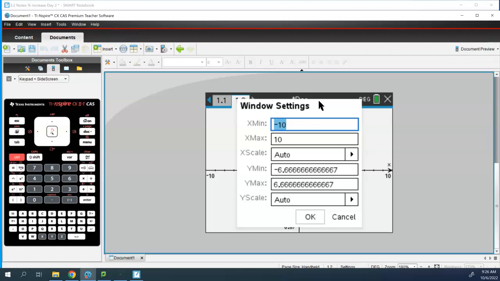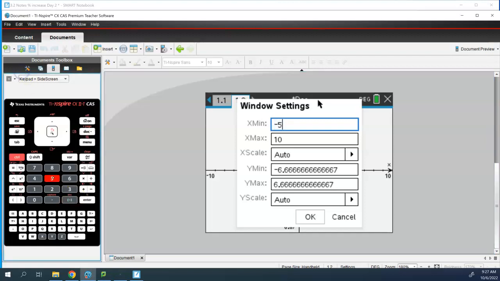Now that's going to give me a chart that I need to fill in. So let's talk about this chart here for a second. X's are what again? Horizontal, and what was it in our graph? Time in years, right? Okay. So do we need to be -10? Probably not, right? Okay. I, on the other hand, like to see my axes, so I'm going to go -5 there.